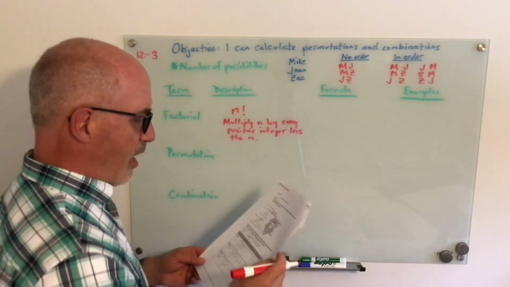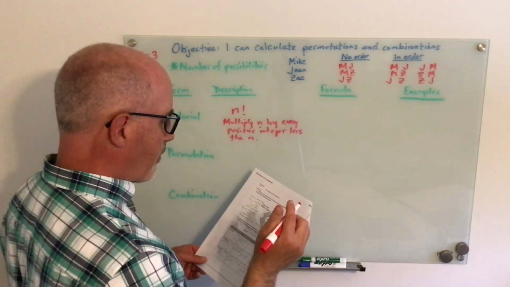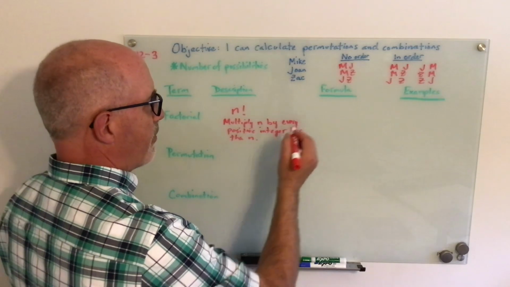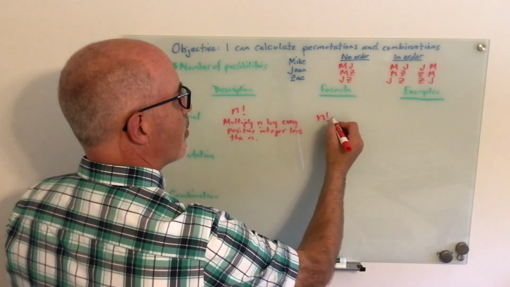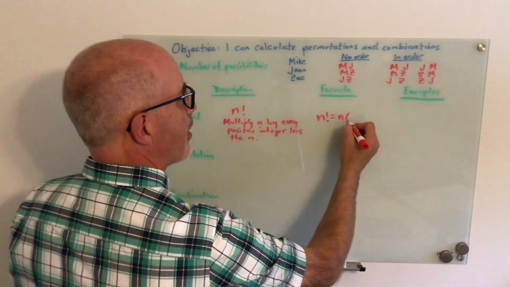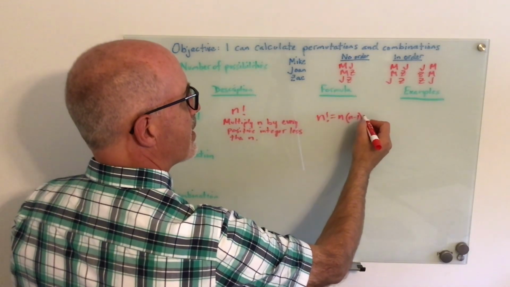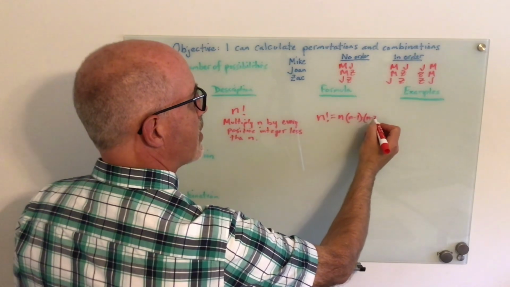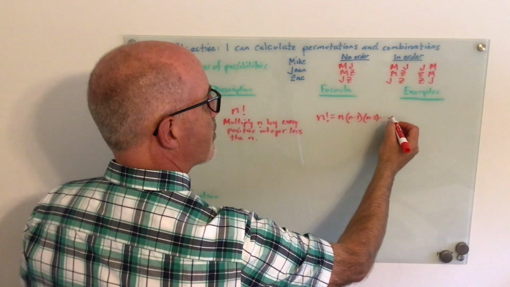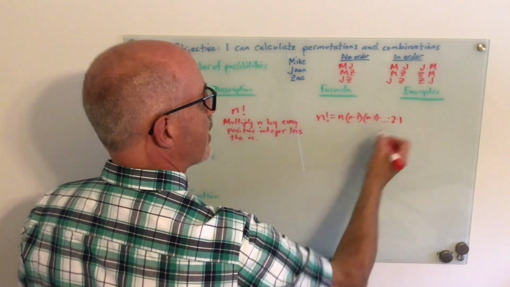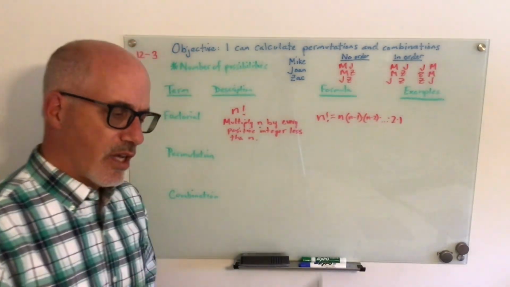Okay, so what it would look like is, if we did the formula, n factorial would equal n times n minus 1 times n minus 2, and you just keep going till you get down to 2 times 1. So all the integers lower than it.